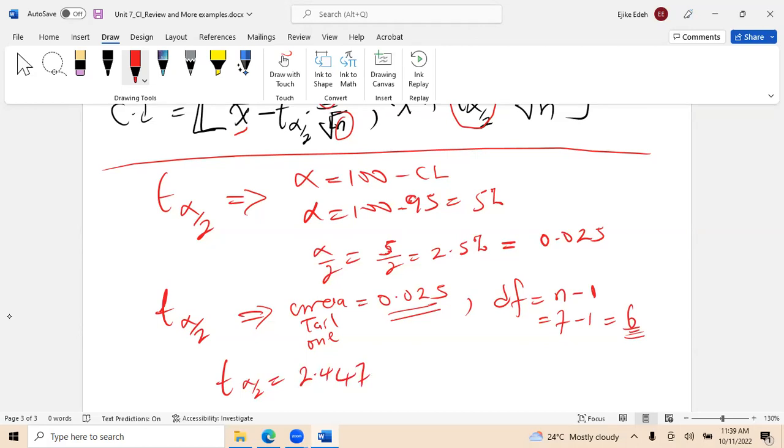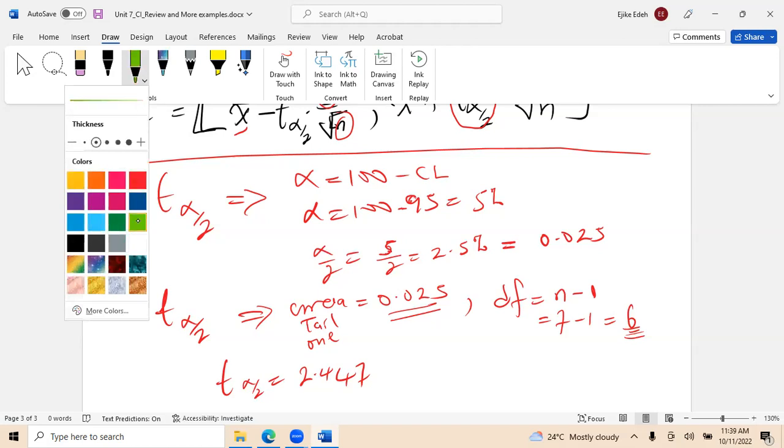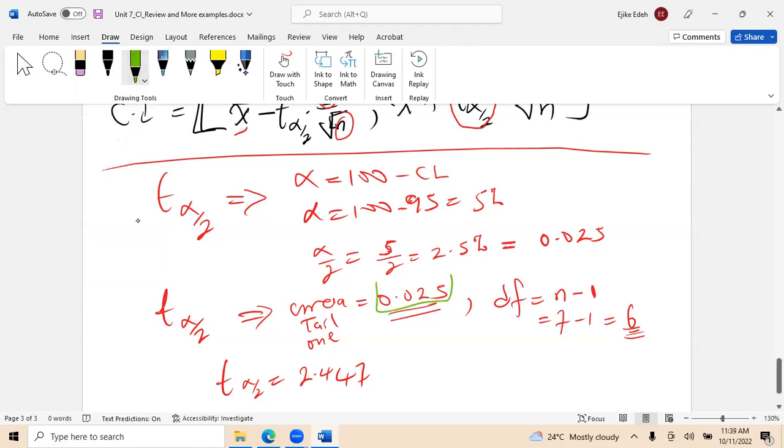The common error is to just get your alpha and stop. People normally stop here, but this is just alpha, right? Once you get alpha, you need to go to the table to get the T critical value. When you go to the table, you need degree of freedom.